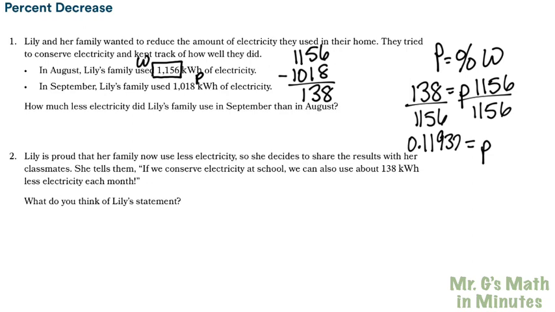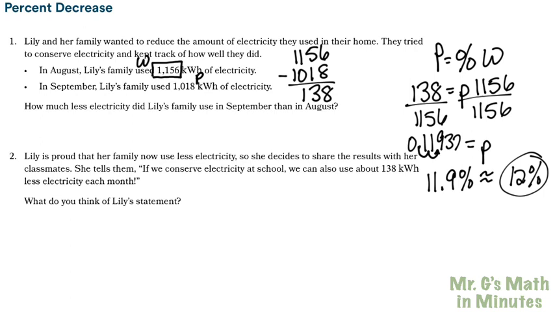And we're going to go ahead and just round that number off. We can move this decimal 2 times to make it a percent. So that's going to be 11.9%. And if you want to just round to a whole percent, we can call it an even 12%. So they decreased their light bill by 12%.